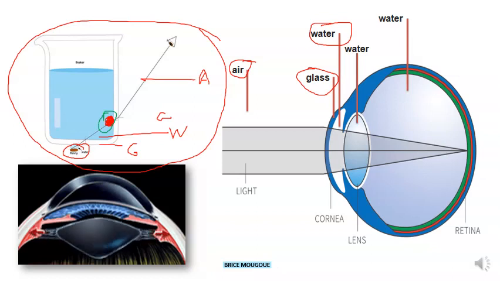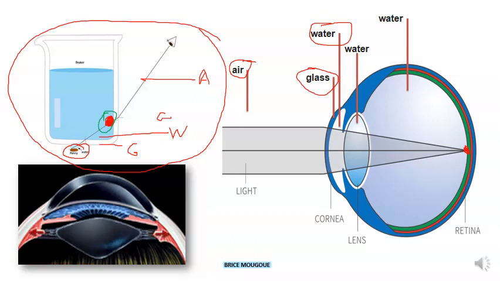Whether it's from a far object or a near object, light will always need to be refracted or bent so that it can reach that focus on the retina. For that to happen, something needs to change. We need to change the amount of water, for example, present.